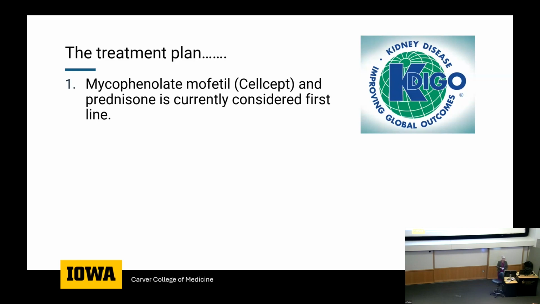But mycophenolate mofetil, or here in the US, most often Cellcept, or Myfortic, and prednisone are the primary choices for you actually starting your therapy. Now, these were based on other glomerular diseases. They actually had nothing to do with C3G as an initial choice. But again, I'll show you a couple of the cohorts that actually inform that.